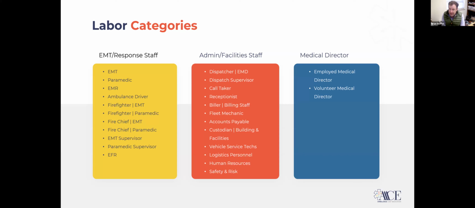So it is okay, it is permissible for you to have no administrative staff being reported here. You know, in a situation where it is a relatively small agency and everyone at one time or another will serve on a truck, it is entirely possible that they will have no administration or facility staff. And then again, we talked about that medical director one. And I probably should have mentioned it earlier, but volunteers will be treated as employees for these purposes.